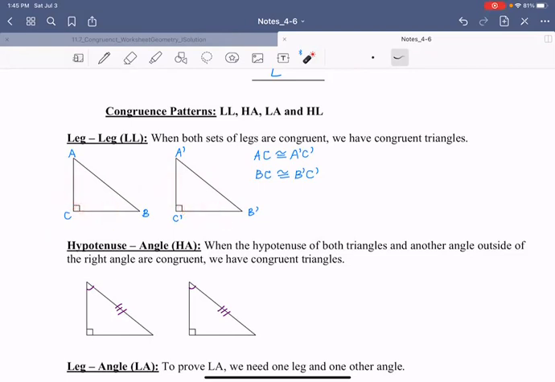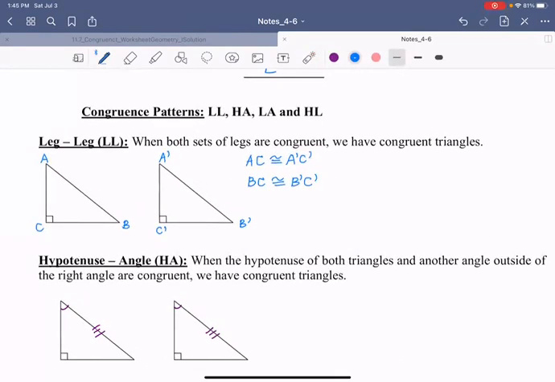And you know that angle C is congruent to angle C prime because right angles are congruent.